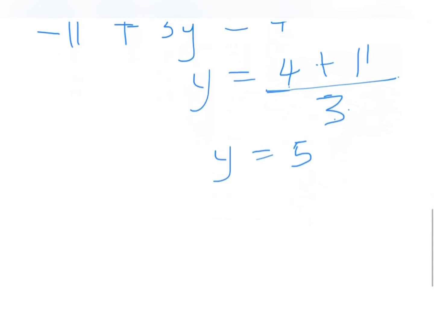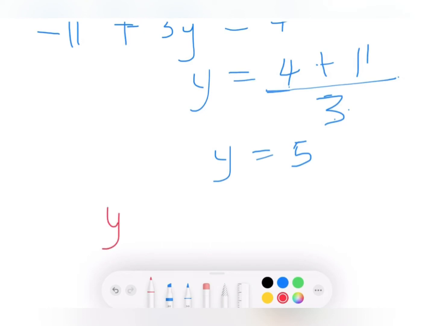So the answer for our simultaneous equations would be y equals 5, x equals negative 11. And this was using the method of substitution.